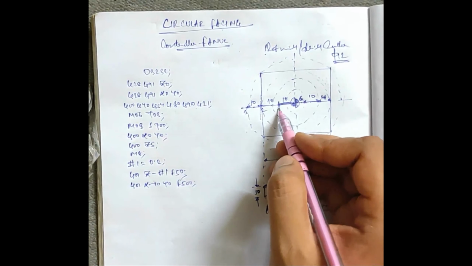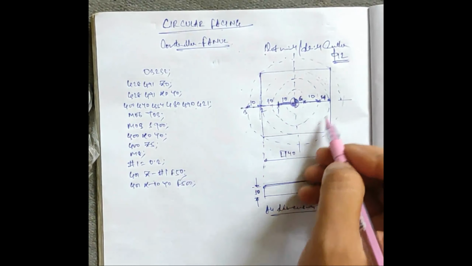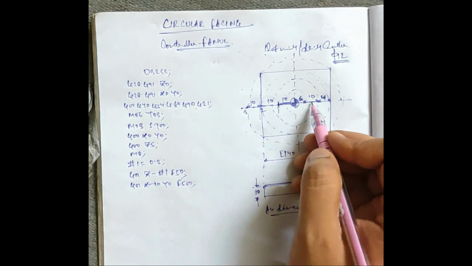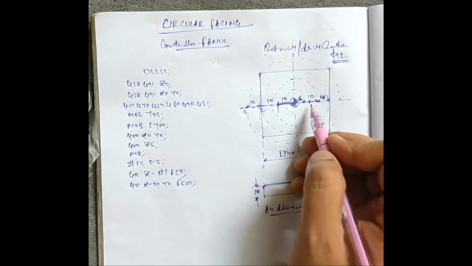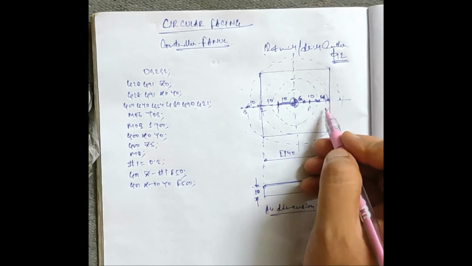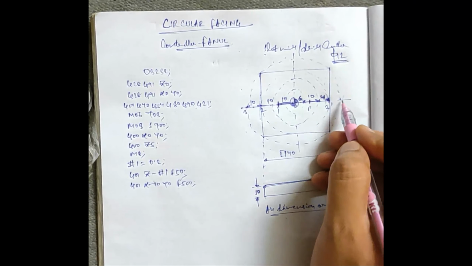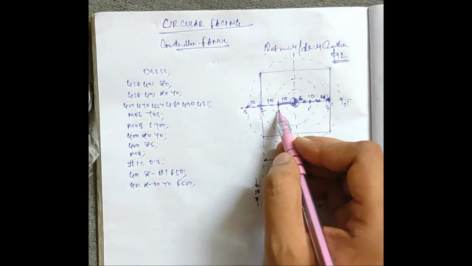So let's move in clockwise direction, from this point to this point: 1 dash, 2 dash and 3 dash. So to move your tool from 1 to 1 dash in clockwise direction, the G code is G02.